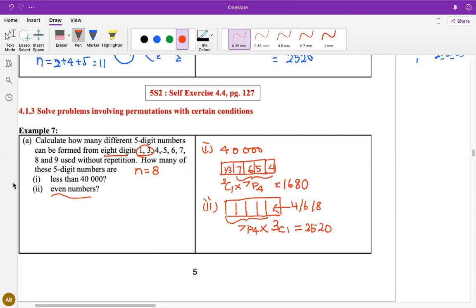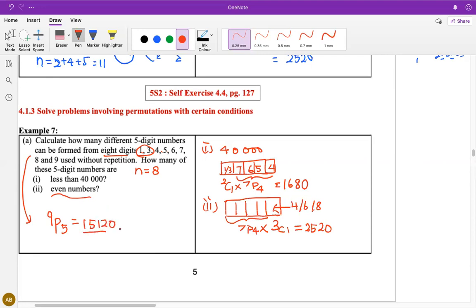So besides this, there is one more question. Calculate how many different 5 digit numbers can be formed with the 8 digits. This question usually is a bonus question. That means we just substitute 9P5, so you get 15120.